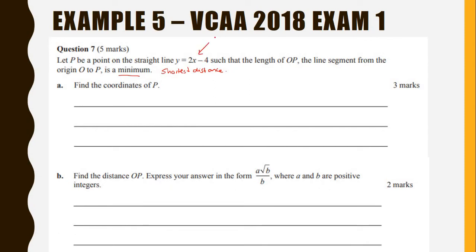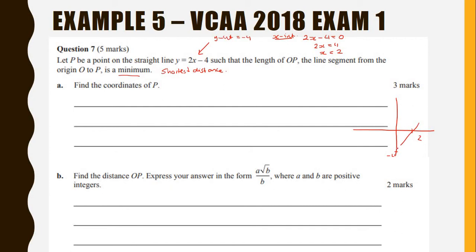This graph is going to have a y-intercept of -4, and the x-intercept is going to occur where y equals 0, where 2x minus 4 equals 0, 2x equals 4, where x equals 2. So if I was sketching this here, it's going to be between -4 and 2.